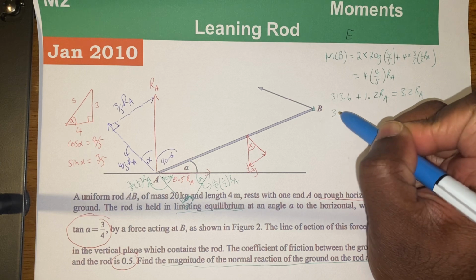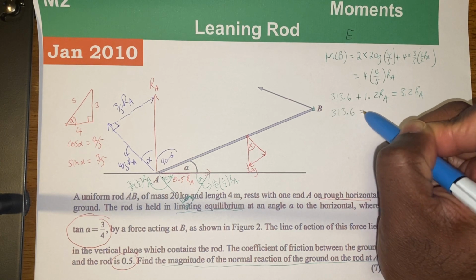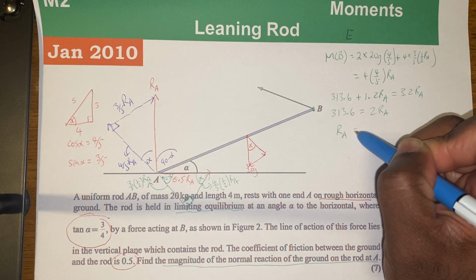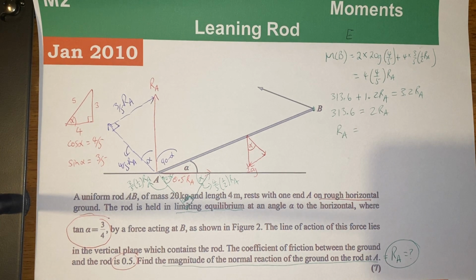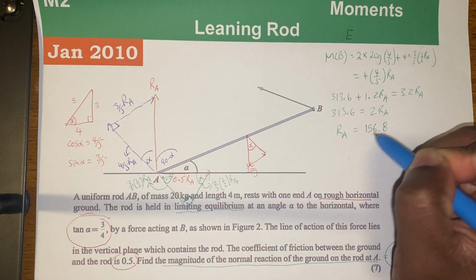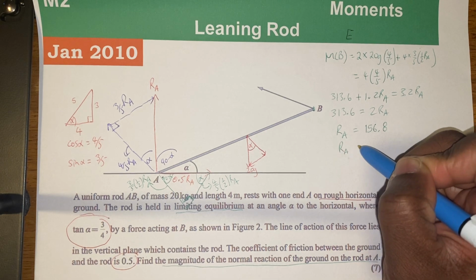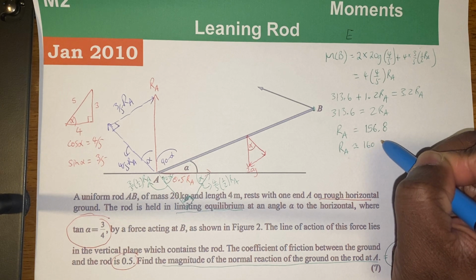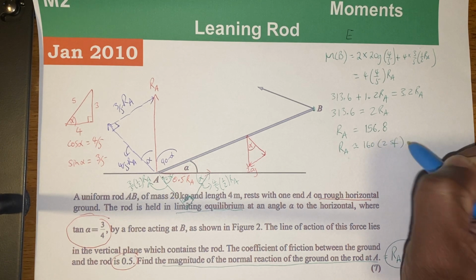So when we group the like terms, 313.6 is equal to 2 RA. Therefore, RA is 313.6 divided by 2, so that is 156.8, or RA would be approximately equal to 160 to 2 significant figures.